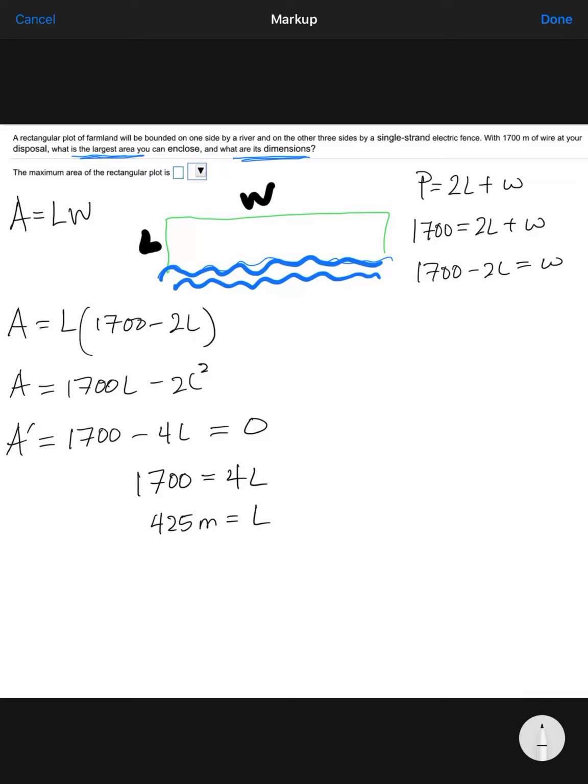If 425 meters represents the length, how many meters represents the width? You just plug that information back up top.